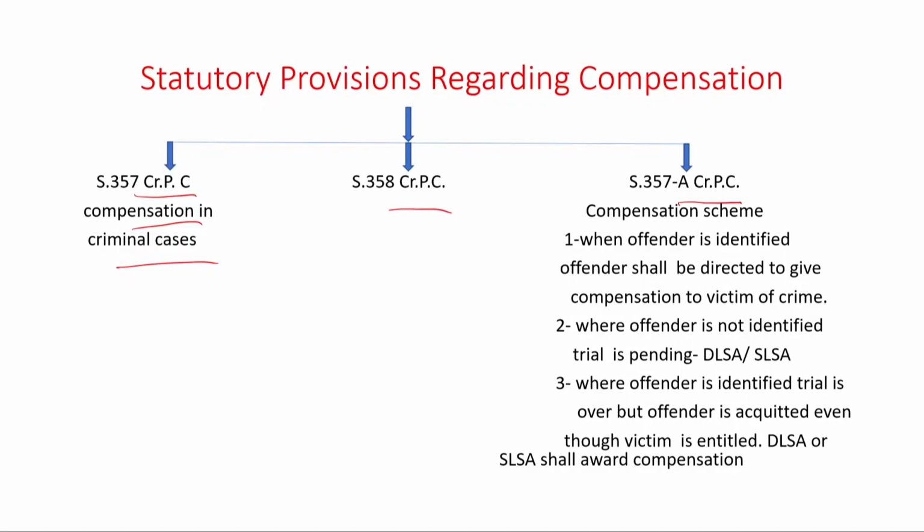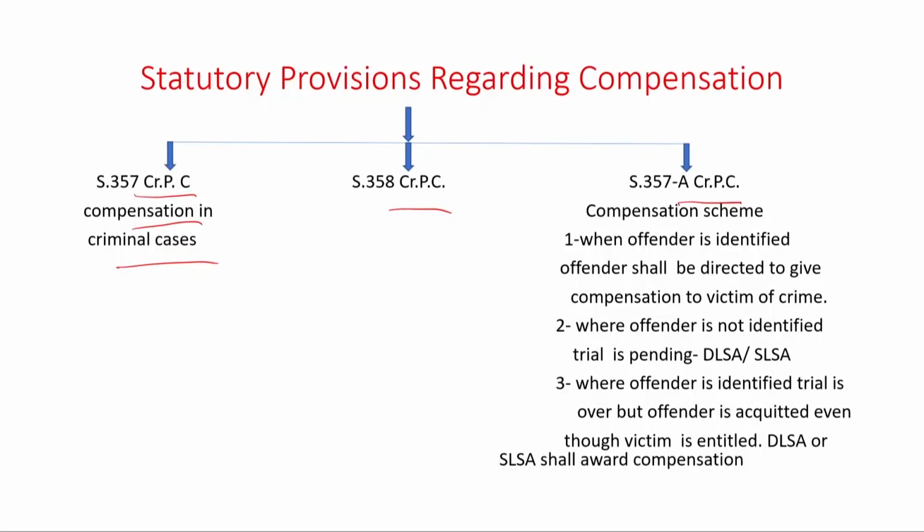Many times a question is asked in competitive examinations: which of the following provisions of the CRPC has lost its significance? Among the 4 options, you need to remember section 358, it has lost its significance because nobody will invoke section 358 CRPC.